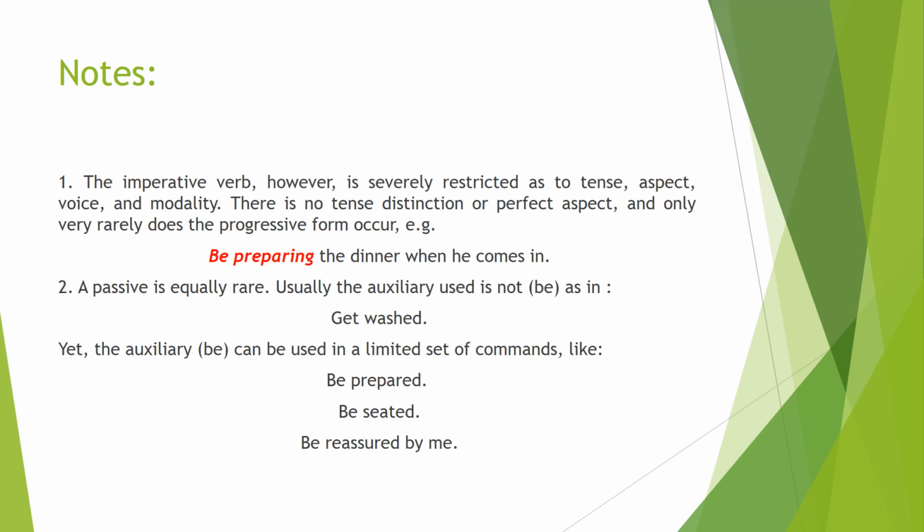Because we want to express something: that your preparing the dinner should be continuous even when they come in. Is it clear? So it means that you should start now making dinner and continue doing it even when they come in.